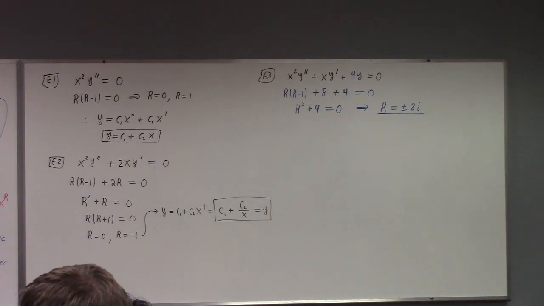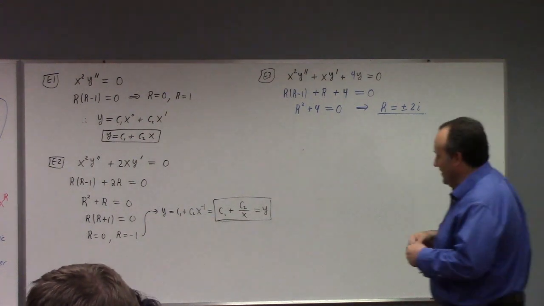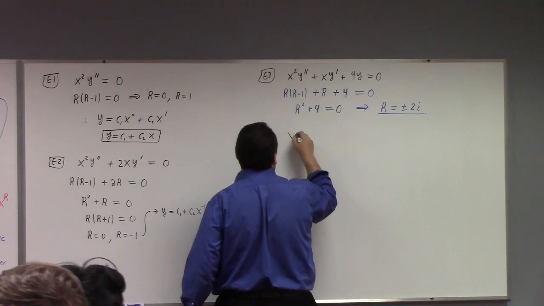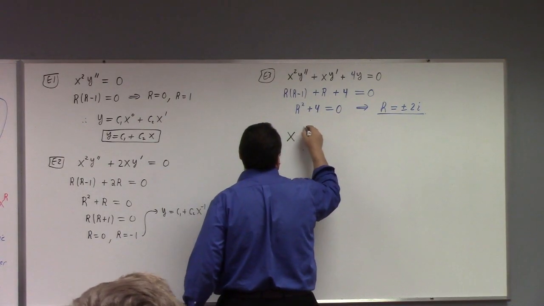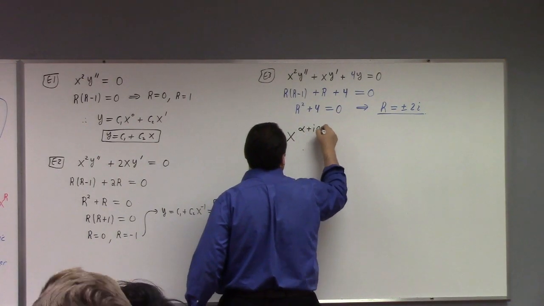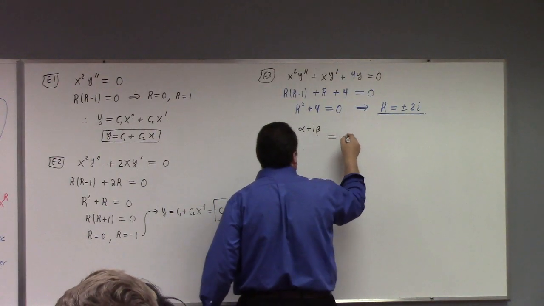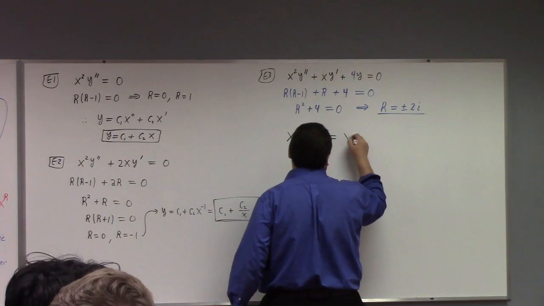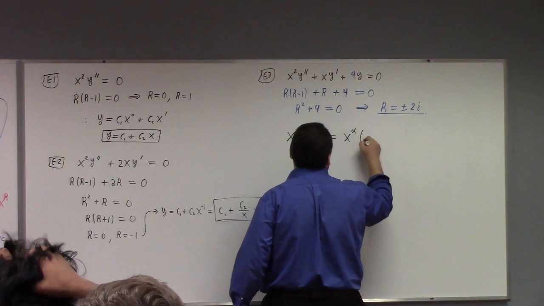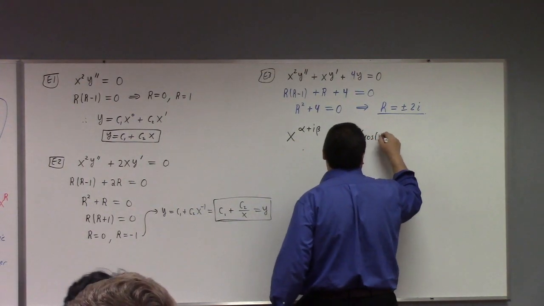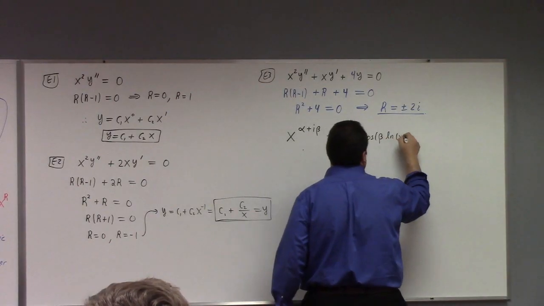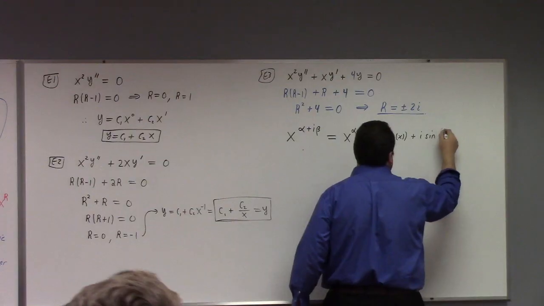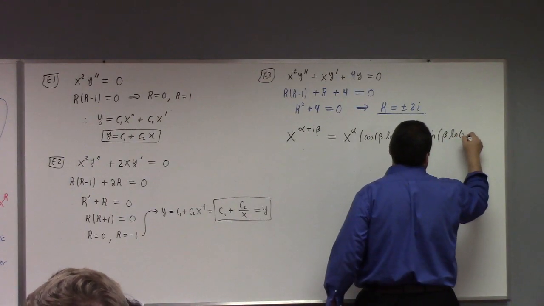So really the question is, what on earth do you mean by x to a, well, let's just talk about this. If I have x to the alpha plus i beta, I'm going to make that mean x to the alpha times the cosine of beta natural log of x plus i times the sine of beta natural log of x.